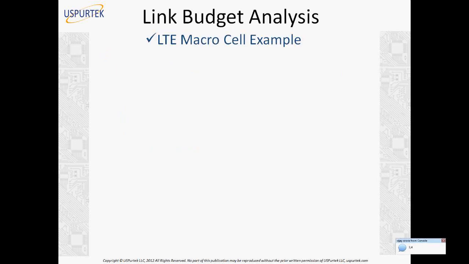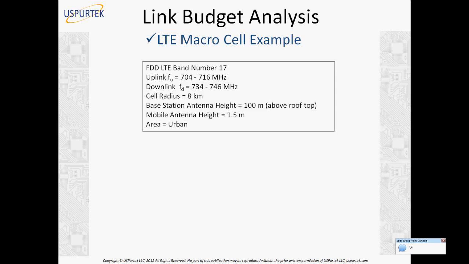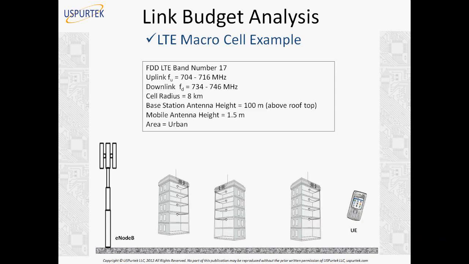Now let's go to some real examples. Let's take the example of this LTE macro cell. LTE is the 4G wireless broadband technology that is currently being deployed in many countries. We consider here band number 17, where the uplink frequency is between 704 and 716 megahertz.